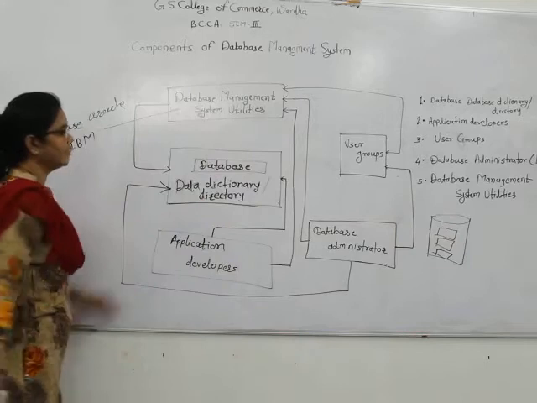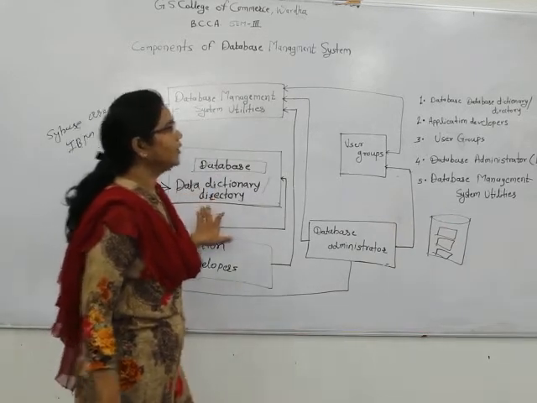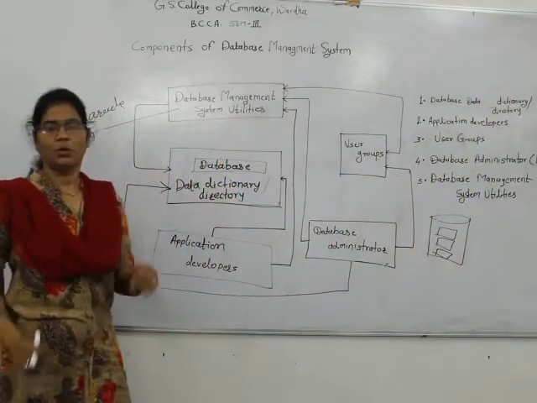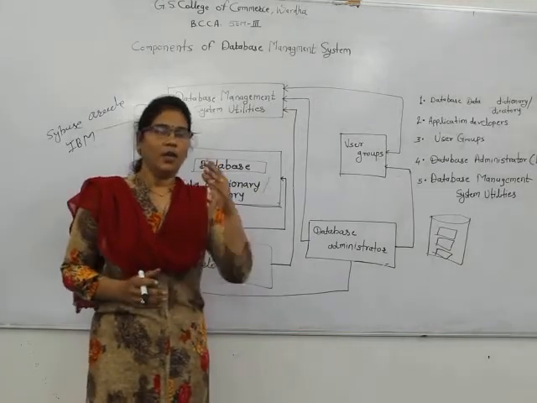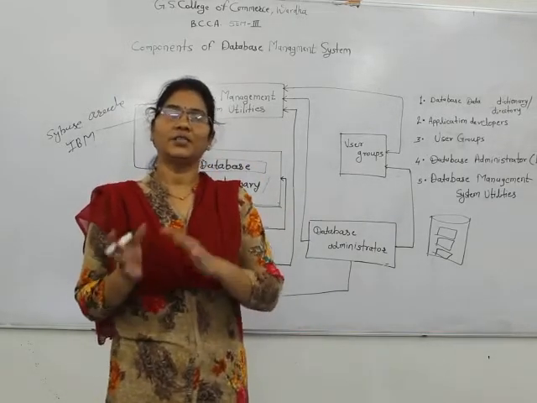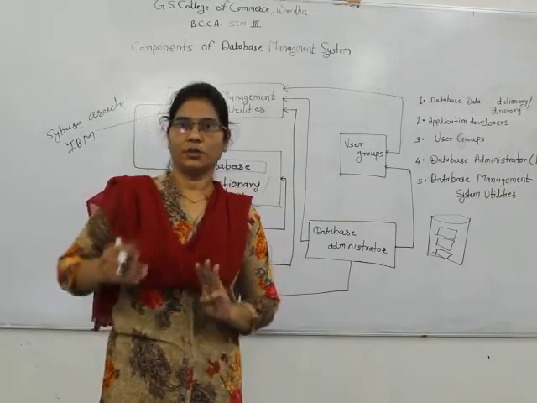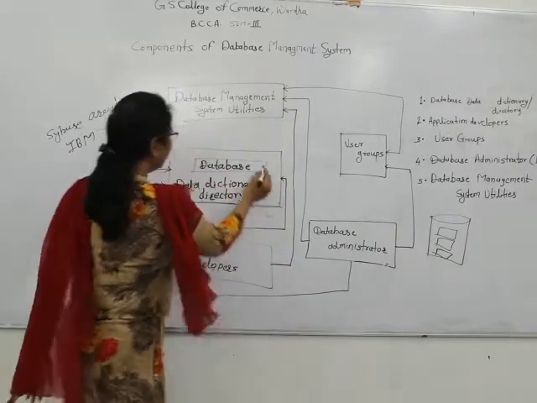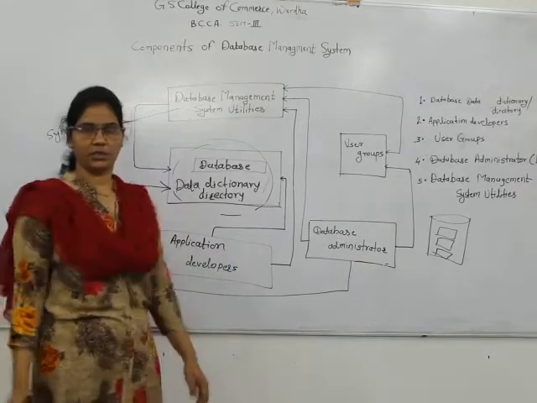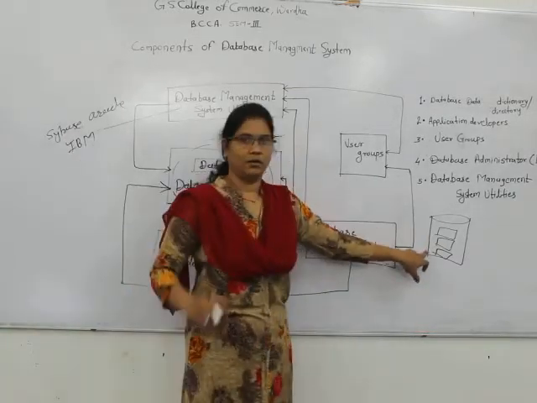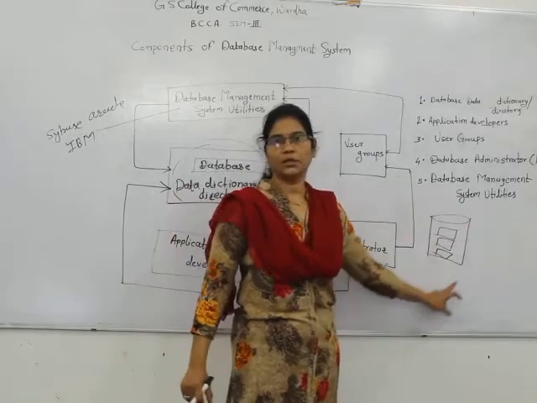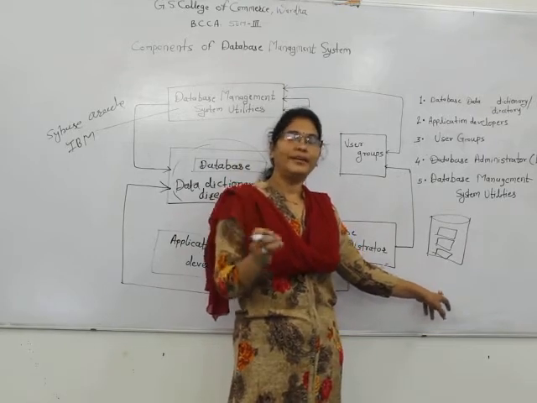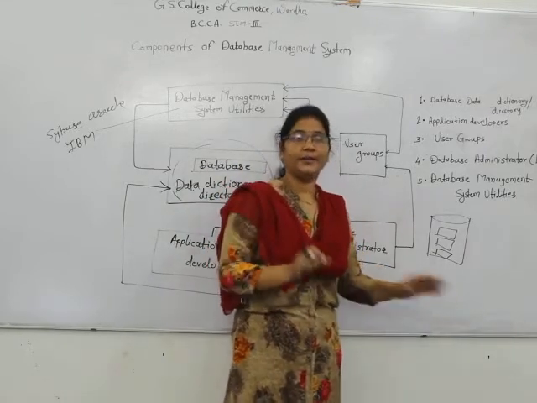Second one is the data dictionary or data directories. What is meant by data dictionary or data directory? When we learn about database concepts, there are three terms: data, information and metadata. The metadata is covered by the data dictionary. When I said the database is a collection of various files, we have to maintain the data about those files, like a book.